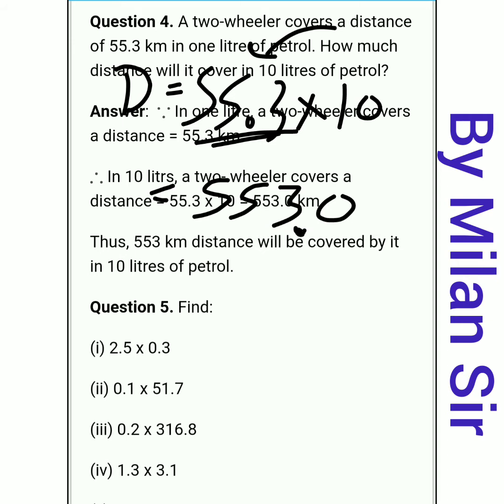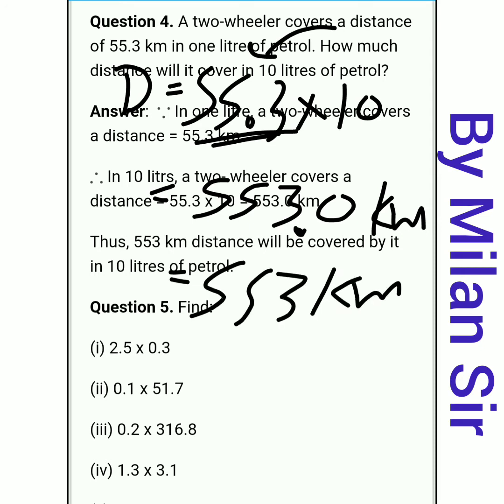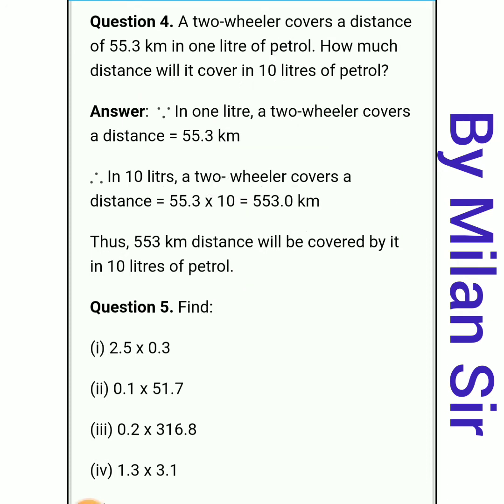Now 553.0 kilometer, this is our answer, that means 553 kilometer. So at last we write: thus 553 kilometer distance will be covered by it in 10 liters of petrol.